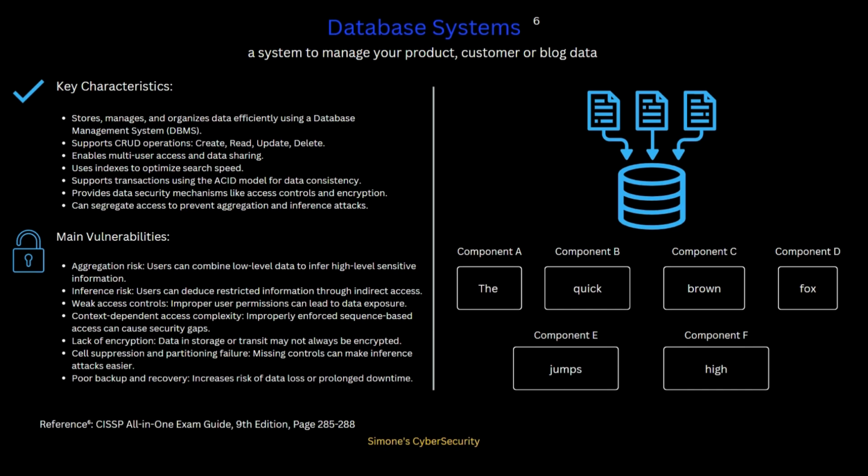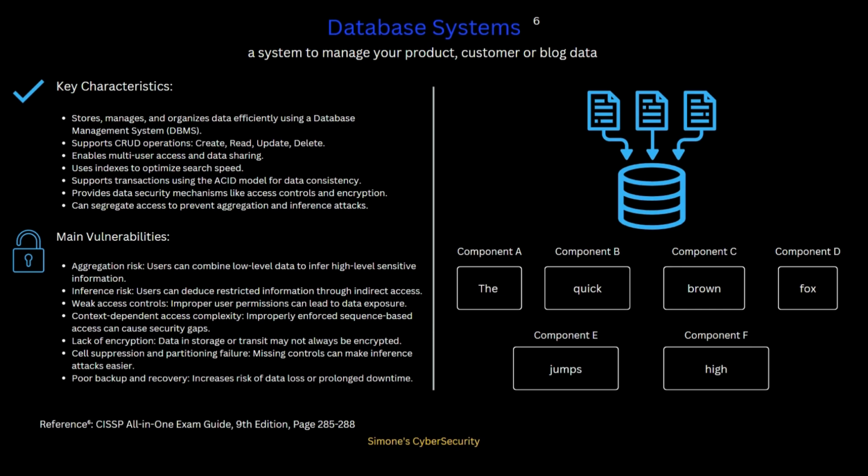And that then brings in a lot of vulnerabilities. Some of them are straightforward, like weak access control or lack of encryption, which can produce a huge risk for the database. But there are also aggregation risks and inference risks that come with database systems.